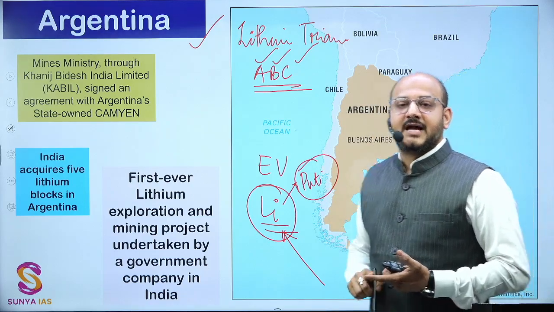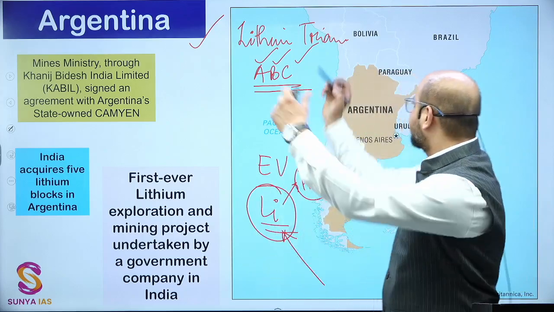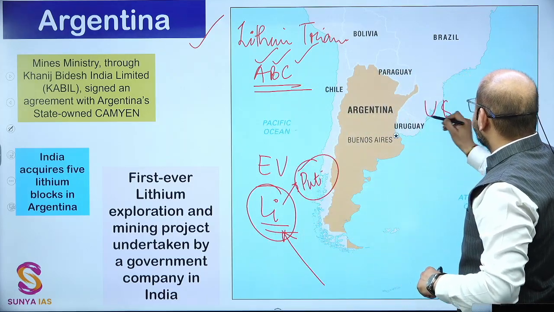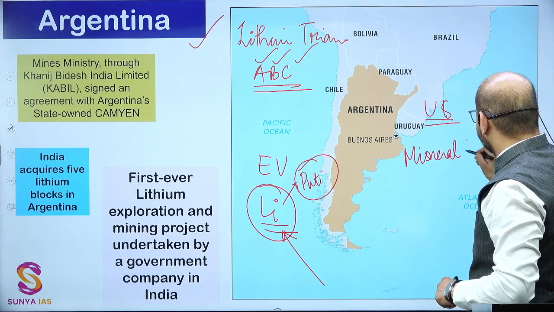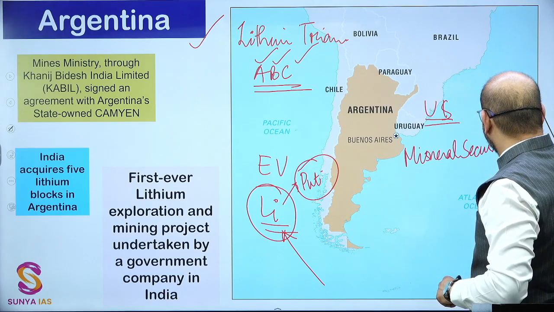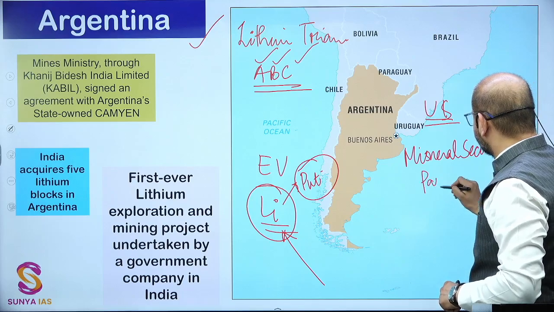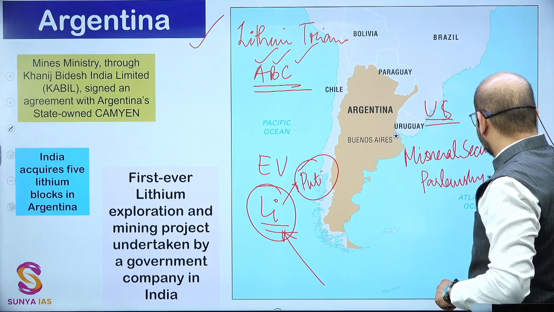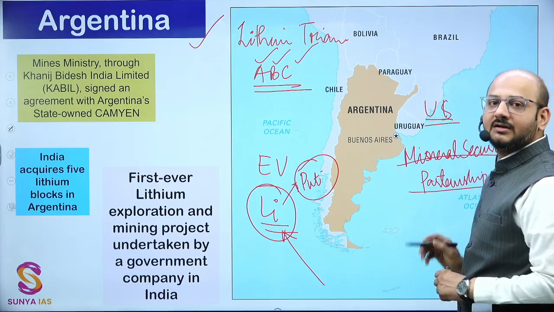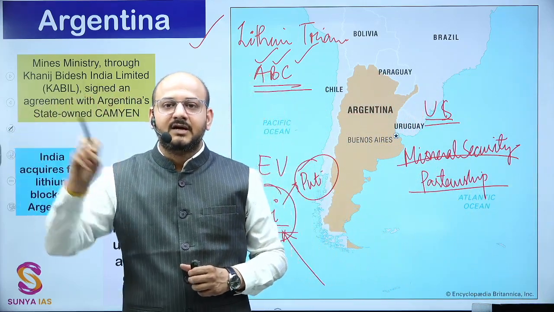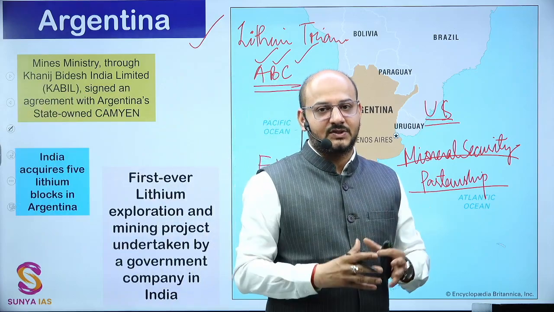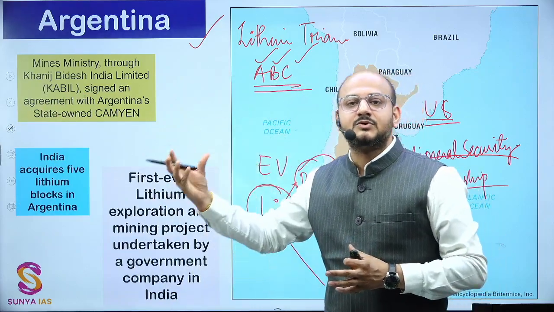On top of that, you will find that with the United States there is the Mineral Security Partnership. We are having it for securing critical mineral reserves abroad, where Indian PSUs, CPSUs can go and mine those minerals.